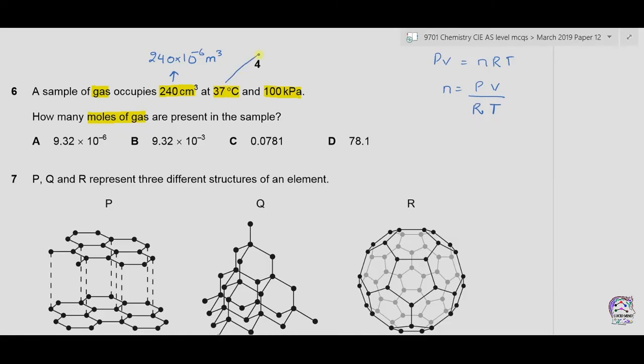So when 273 is added to 37, it becomes 310 Kelvin. The pressure is in kilopascals, so we have to convert it into pascals. Kilo means 1000. Multiplying 1000 by 100, we get 100,000 pascals. From the data booklet, we have the value of R, which is equal to 8.314 joules per Kelvin per mole.